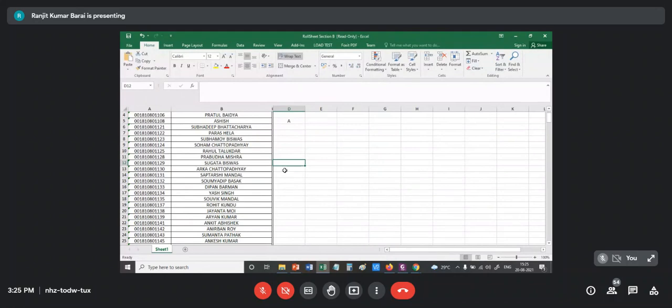Orko, yes sir. Saptarshi, present sir. Soumyadip, Poshak, is he absent? Deepon, present sir. Yash Singh, present sir. Shovik, Rohit, present sir.